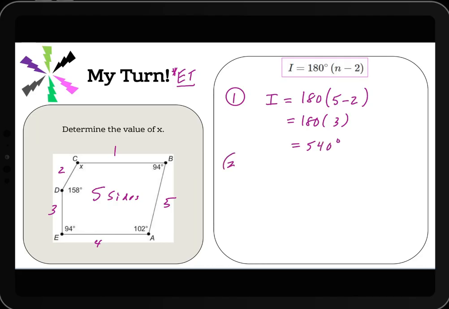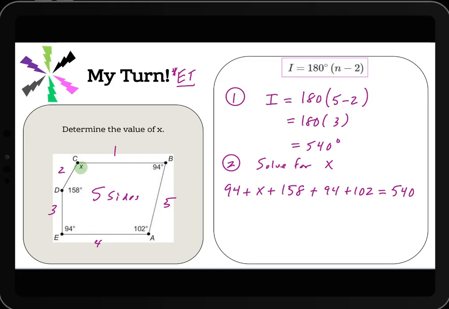Number 2, I'm going to solve for x. That's the next step, right? That's the variable I'm trying to find because that's missing. So in order to solve for x, we're going to take all of the angles. We have 94, we have x, we have 158, we have 94, there's another 94, and then 102, and that is going to equal 540.